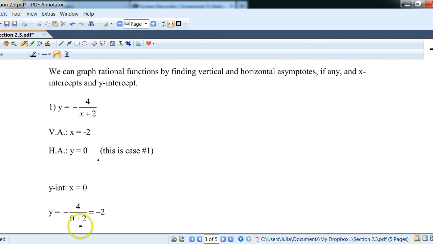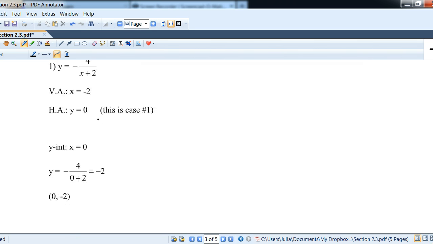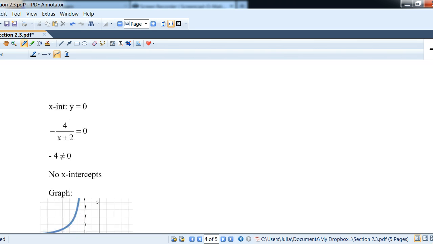For the y-intercept, I plug in x equals 0, so we get -2 for y. So it's (0, -2). For the x-intercept, you set the equation equal to 0. Note how you can multiply both sides by the denominator, but then we get -4 equals 0, which doesn't make sense, so there are no x-intercepts.